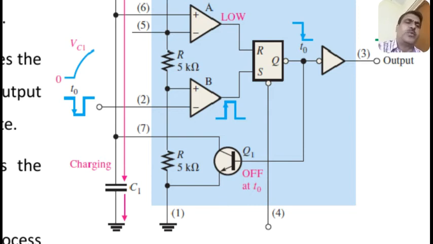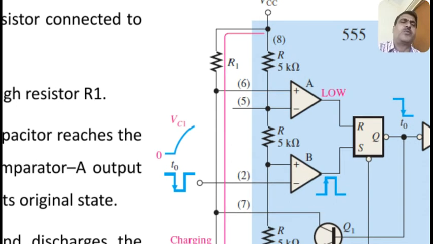So that is given to the transistor, which becomes off. And also this is going to make the output high through the inverter. Output goes high. When the transistor becomes off, the capacitor C1 starts charging through R1.